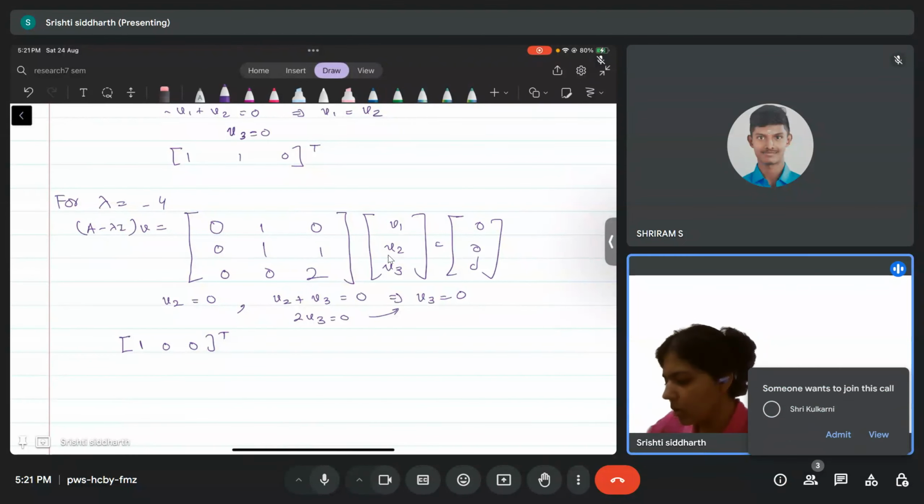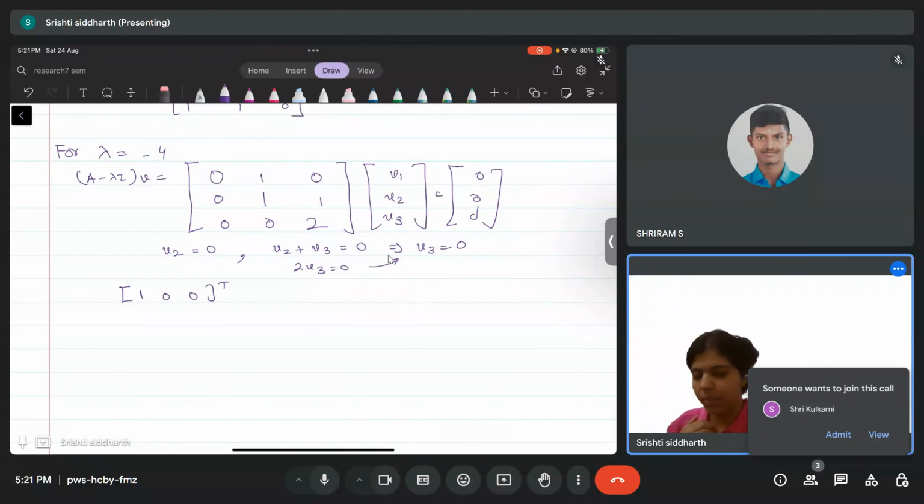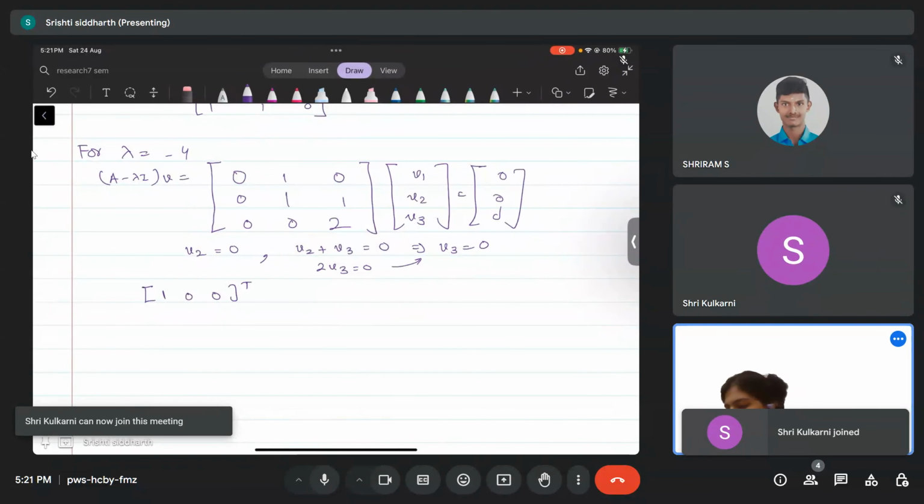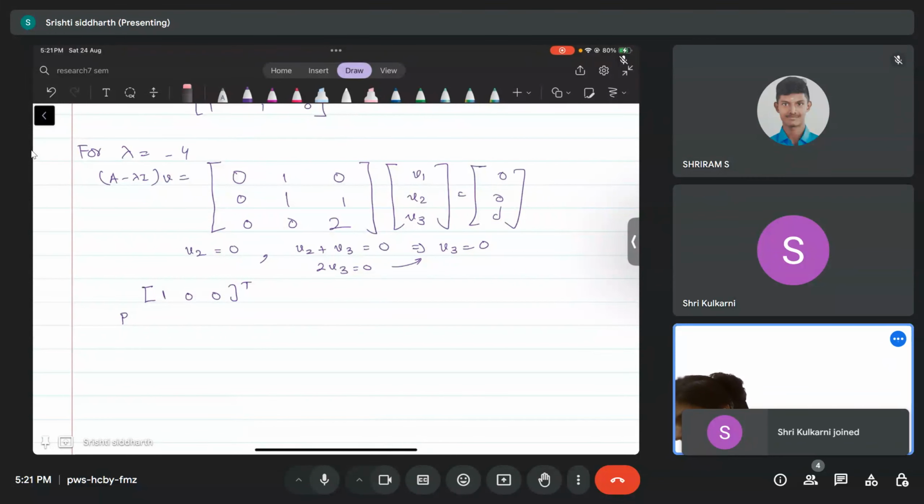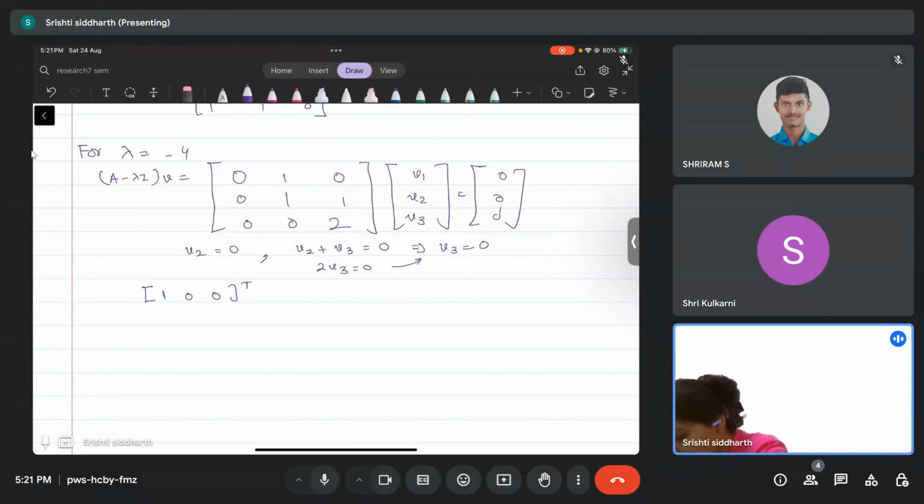Okay, so recall how the transformation matrix P is calculated. Let's say for lambda equals -2, -3, -4, I'm saying that the first eigenvector is, for example, V1 here.